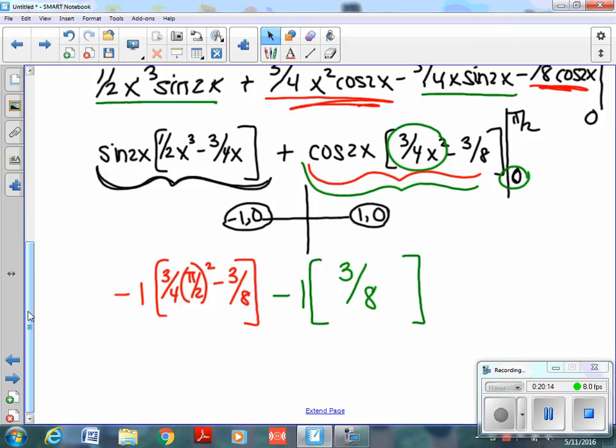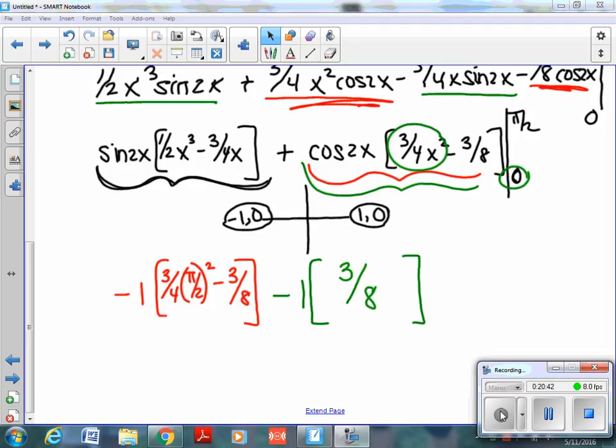Then, when you simplify this, give me 2 seconds here. Okay, let's finish this.